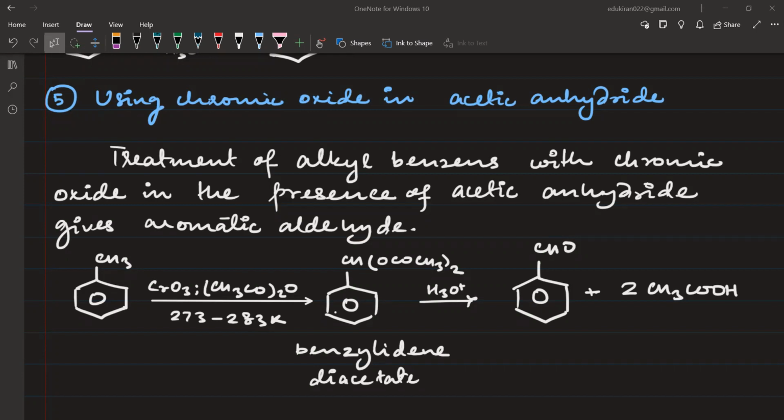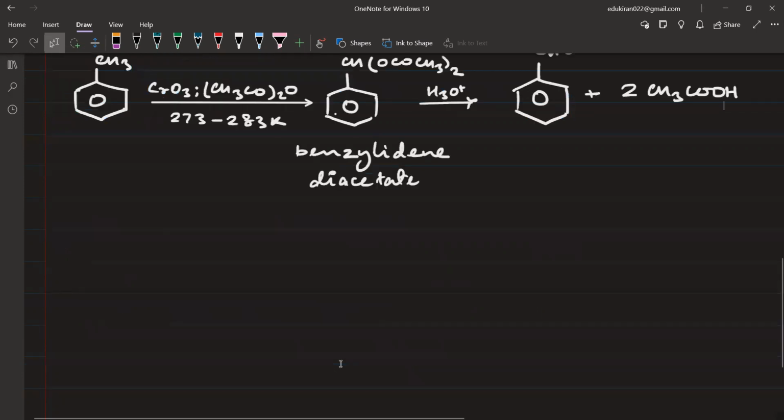Right, next, preparation by side chain chlorination. This is the sixth way.